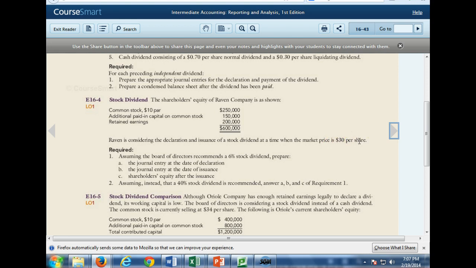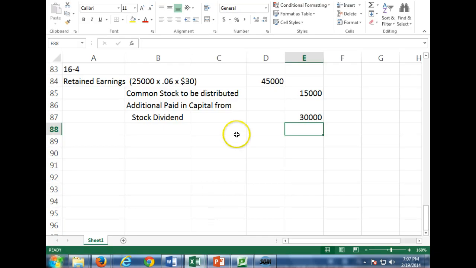Okay? So if the market price is 30 bucks a share, but what do we know the par value really is? $10 a share, right? So anything over the $10 a share is going to get put in additional paid in capital from stock dividend. Okie doke?